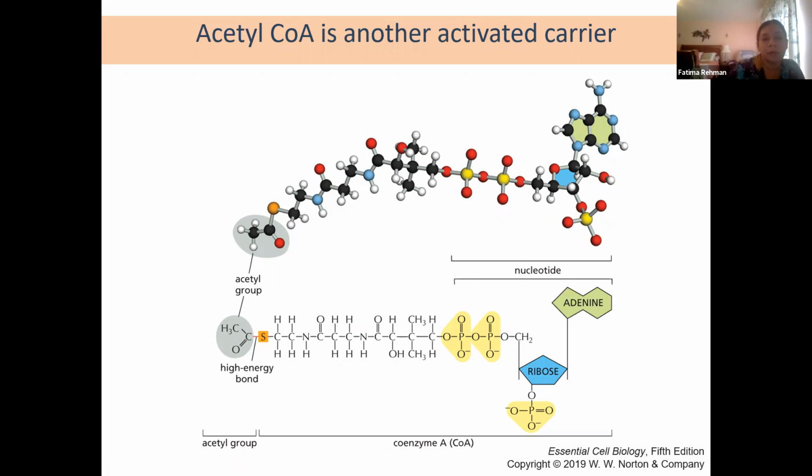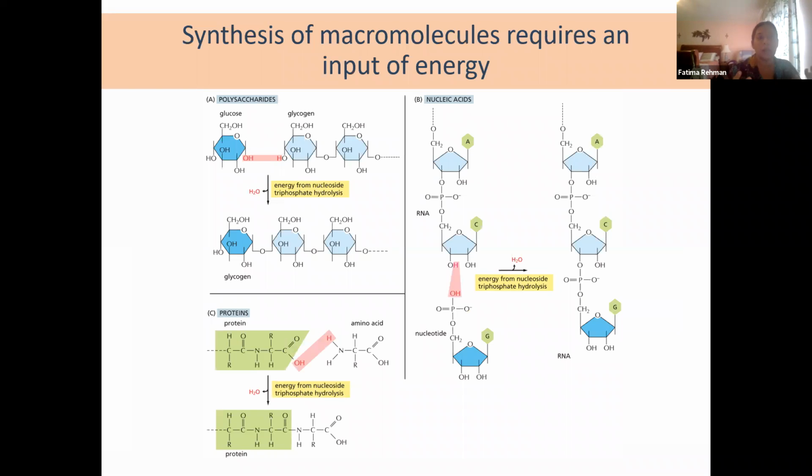And that bond, when broken, can provide a lot of energy for use in macromolecule building. Synthesis of any type of macromolecule, whether it is a polysaccharide chain or our DNA and RNA or proteins, all of those require a lot of energy input. And those are usually fueled through one of these methods.